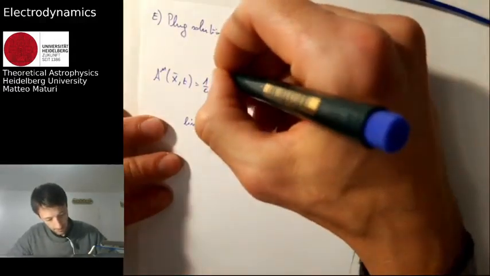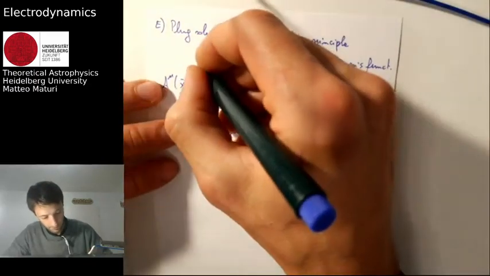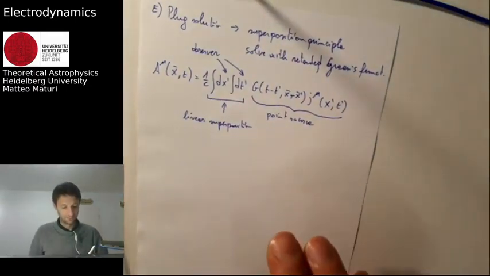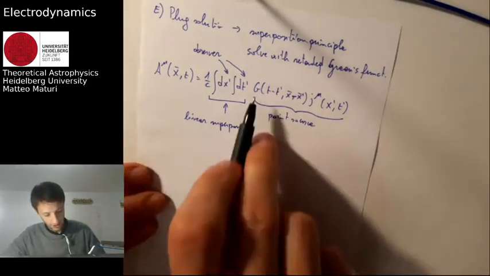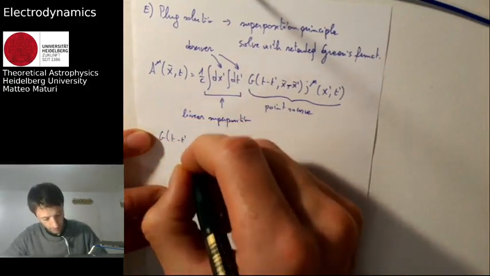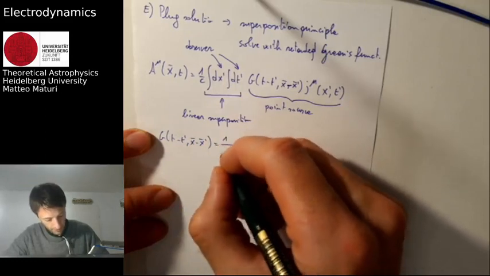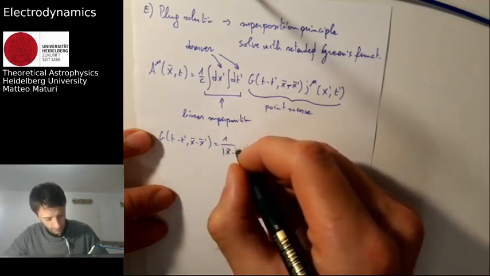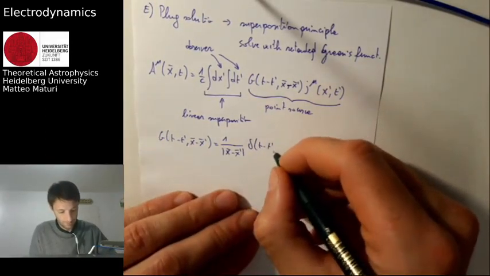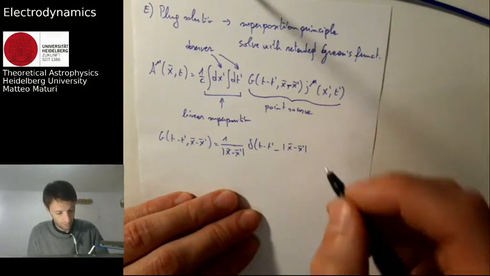The prime here is the time and the space for the observer, and the Green function G(t minus t prime, x minus x prime) is equal to 1 over the modulus of x minus x prime, times delta of t minus t prime minus the modulus of x minus x prime over c.